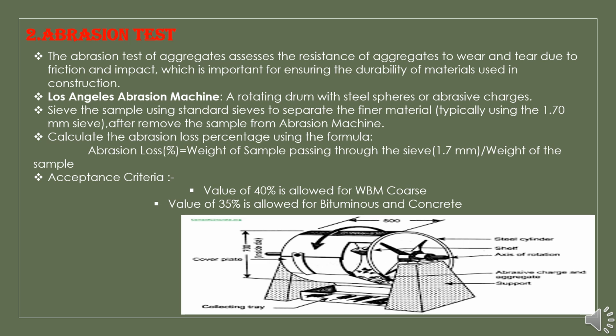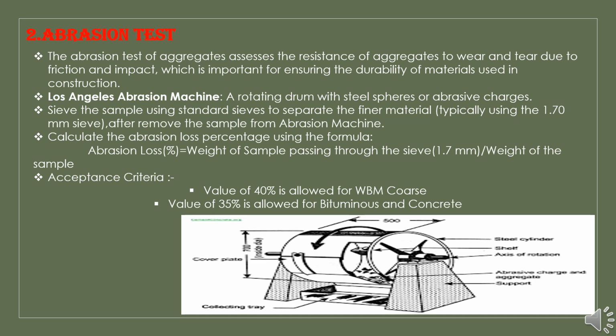The sample is sieved with a sieve of 1.7 mm after removing it from the abrasion machine. The abrasion loss percentage is calculated by the formula: abrasion loss equals the weight of the sample passing through the 1.7 mm sieve divided by the weight of the sample present initially.